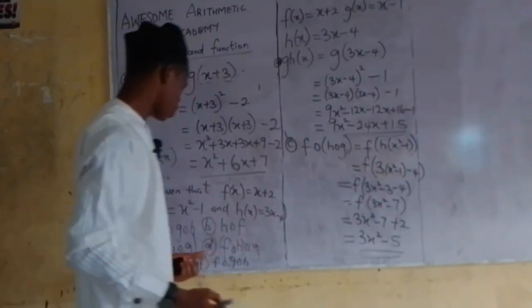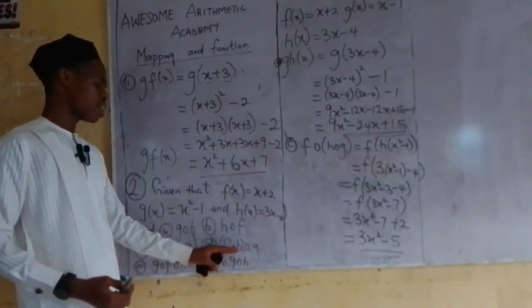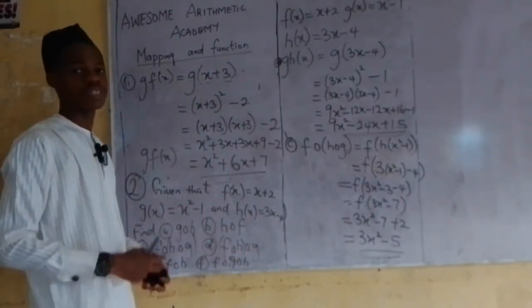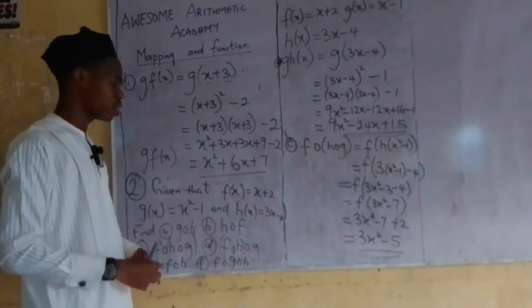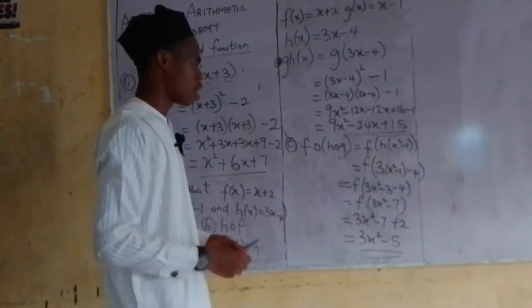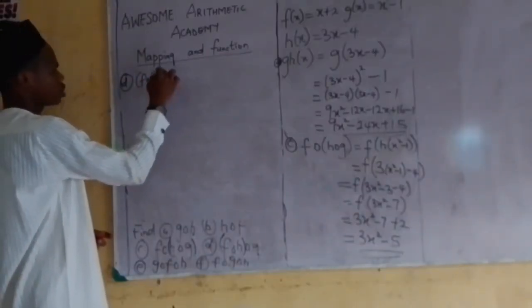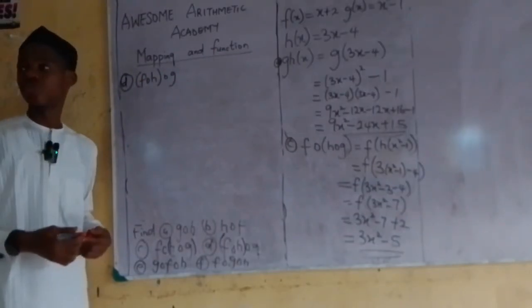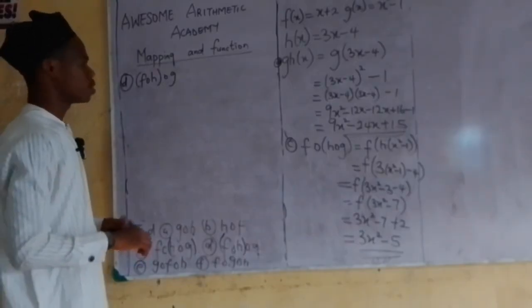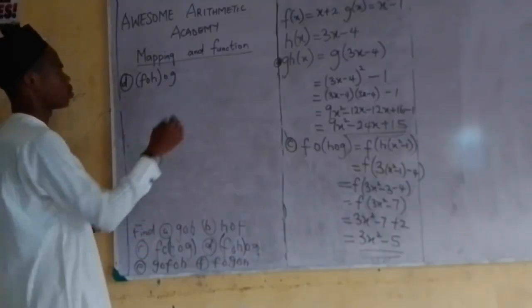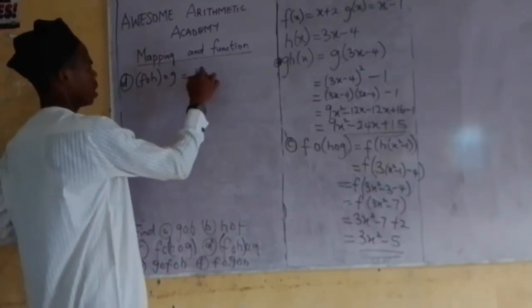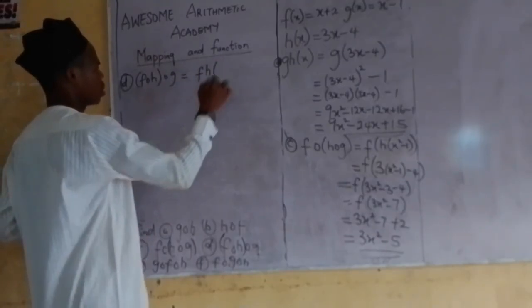Now we are going to try solving f of h of g. This is the next thing we are going to do, right? So let's see what we are going to have now. f of h of g. This is what we want to do now, right? So this means that what? I'll be having f h of what?